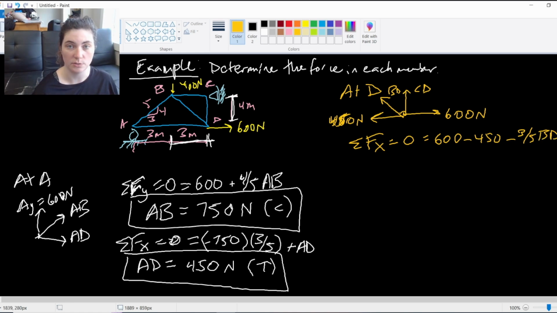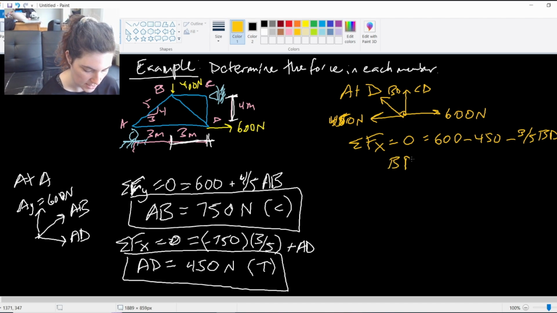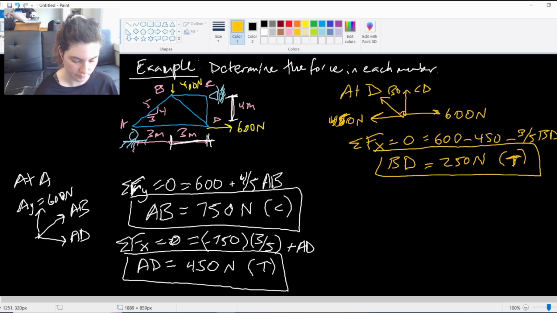So my answer is going to work out to be positive. So I assumed the correct direction. BD is in tension. 250 newtons in tension.